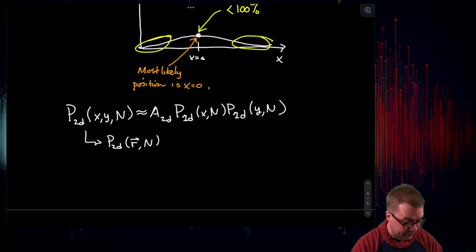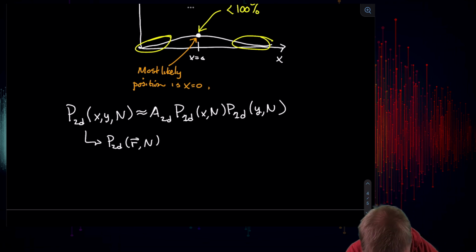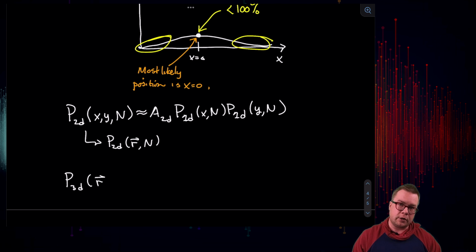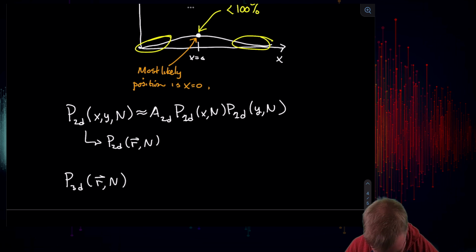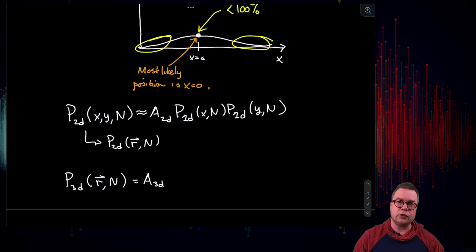We could do the same thing with 3 dimensions. And so if we wanted in 3 dimensions, we would get the probability in 3 dimensions of being at a position R away from where we started, so away from the origin, would look something like some 3D coefficient, which just normalizes the probability distribution.